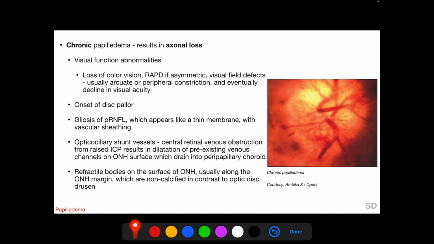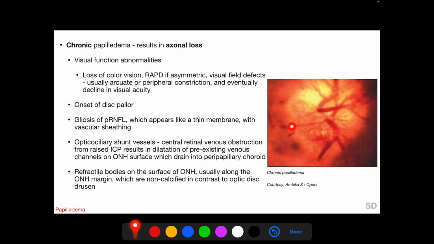Also we'll find gliosis of the retinal nerve fiber layer, which appears like a thin membrane with vascular sheathing, and we find opticociliary shunt vessels, which arise from the raised ICP because of central retinal venous obstruction, which leads to dilatation of pre-existing venous channels on the ONH surface, which in turn drain into peripapillary choroid.